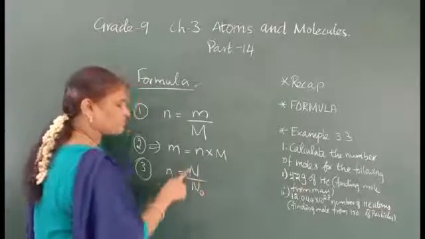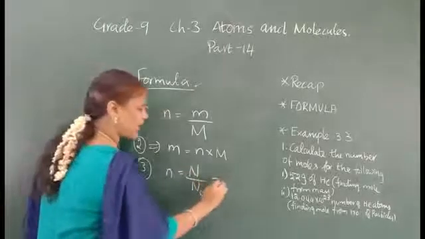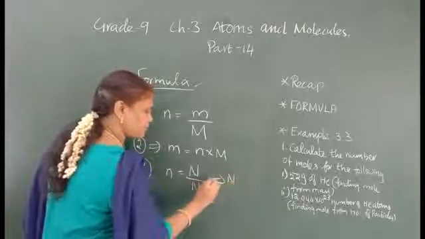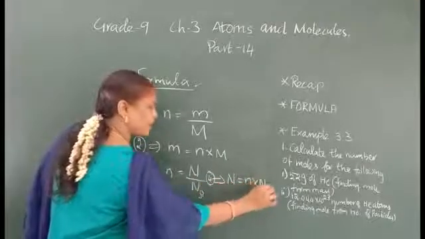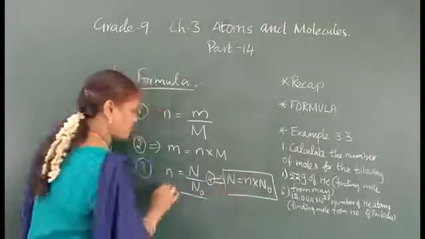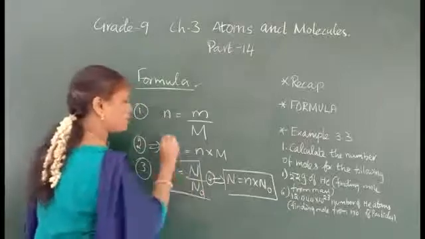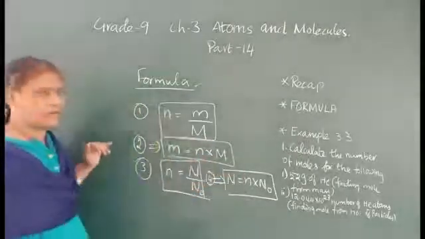This is number of moles, this is the particles given, and this is Avogadro's number. If they ask number of particles, this is the 4th formula, that is equal to number of moles into Avogadro's number. These are the 4 formulas to solve the problem.